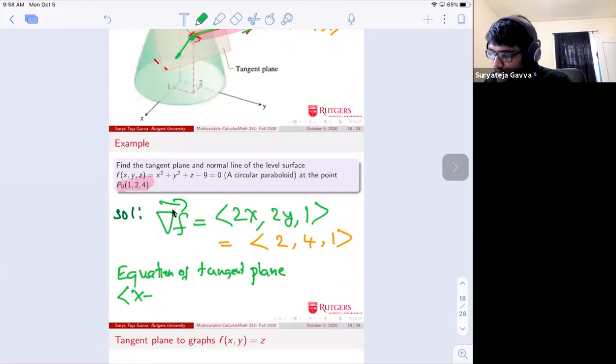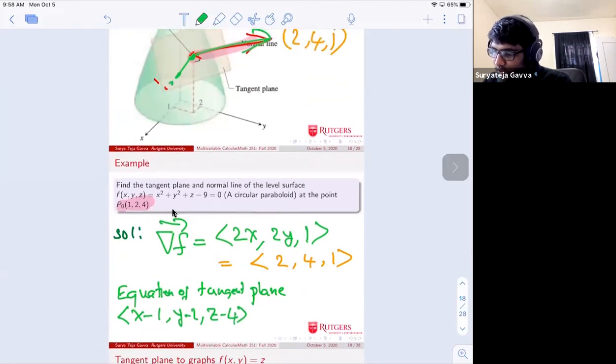This is (x minus 1, y minus 2, z minus 4), if the point is (x, y, z) and you're starting from (1, 2, 4). So that vector would be perpendicular to the normal vector (2, 4, 1), so the dot product would be 0.